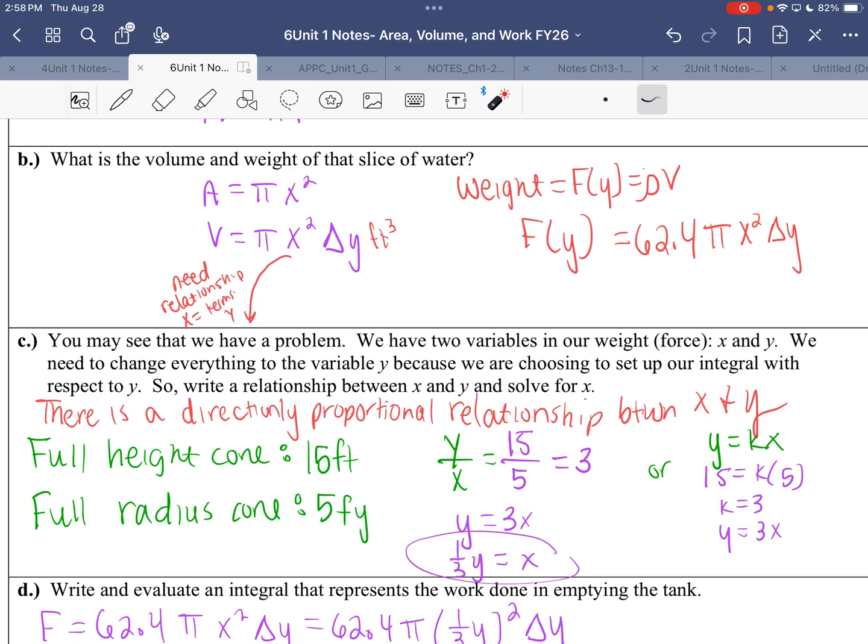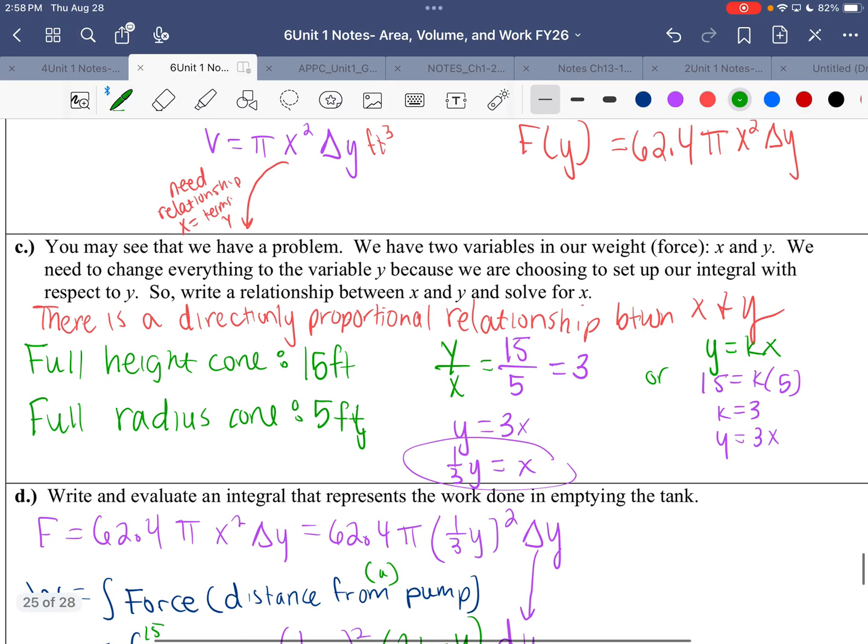We need this to be in terms of y. So then getting that in terms of y, we were like, oh, when it's full at the top, there's 15 feet of y, and 5 feet in the x. And then we figured out the relationship between x and y, and then plugged that in to where r was in your area equation.